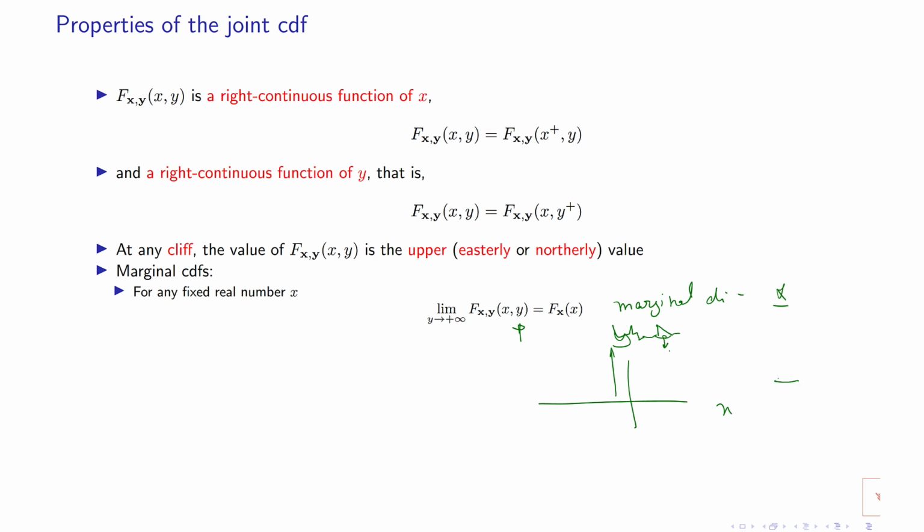And if you look from this side, you see F_Y of y, because x is infinity, and from the top I see F_X of x. From this side I see 0, from this side I see 0. So marginal CDFs are a way to eliminate some of the variables, or to look at the margin. And we also have this expression.